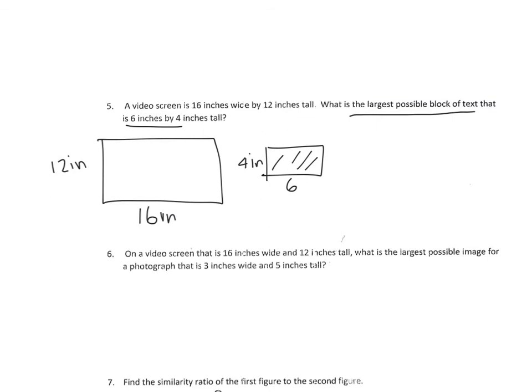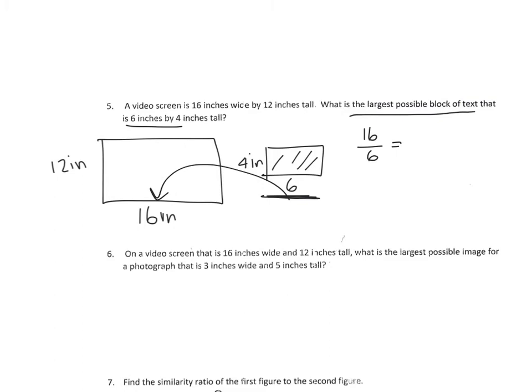So what you do is you see how many 6's are in 16. So I want to do 16 divided by 6, which is how many 6's are going to fit in there.